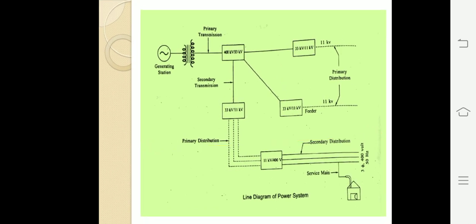Primary transmission is there, secondary transmission is there, and after the 33 kV, primary distribution is there. That means we step down the voltage from 33 to 11 kV, which is the primary distribution. After the 11 kV, we again step down using a step down transformer, from 11 kV to 400 volts. That is secondary distribution. Here is the line diagram of a power system.